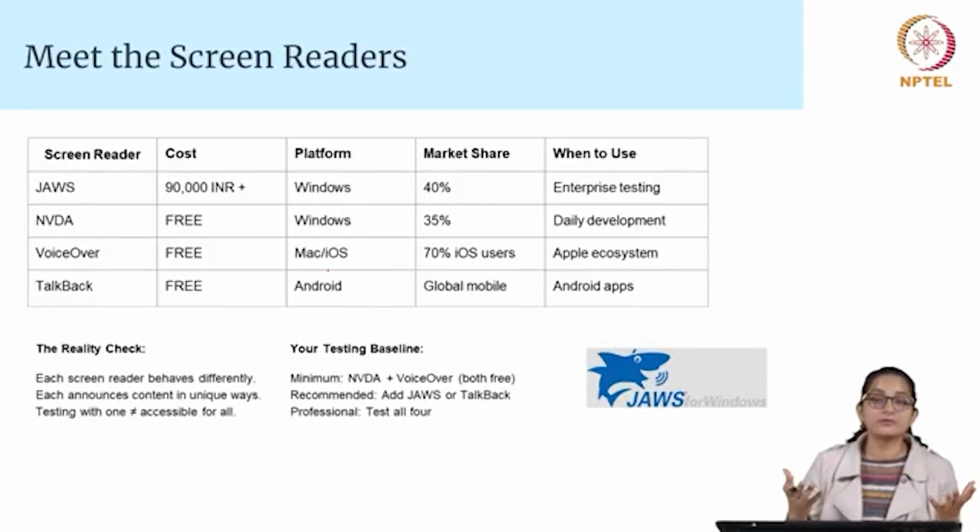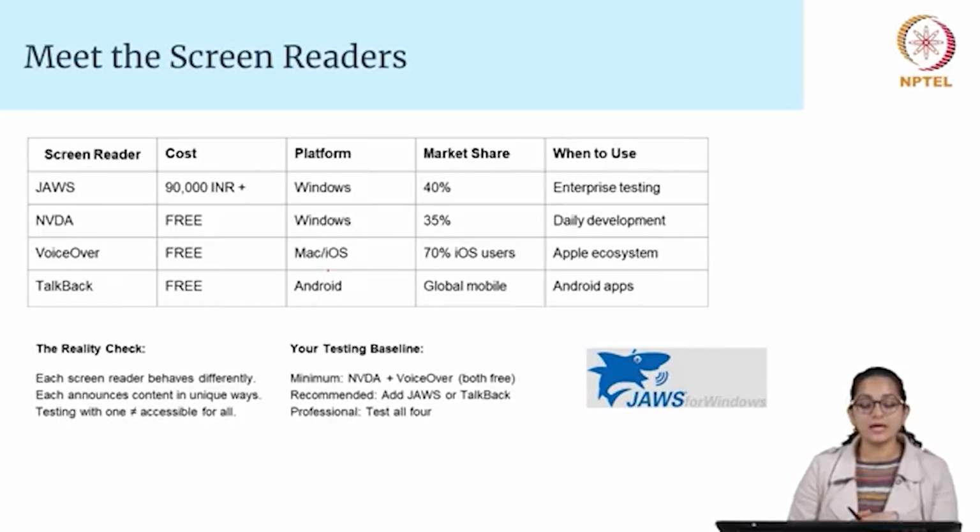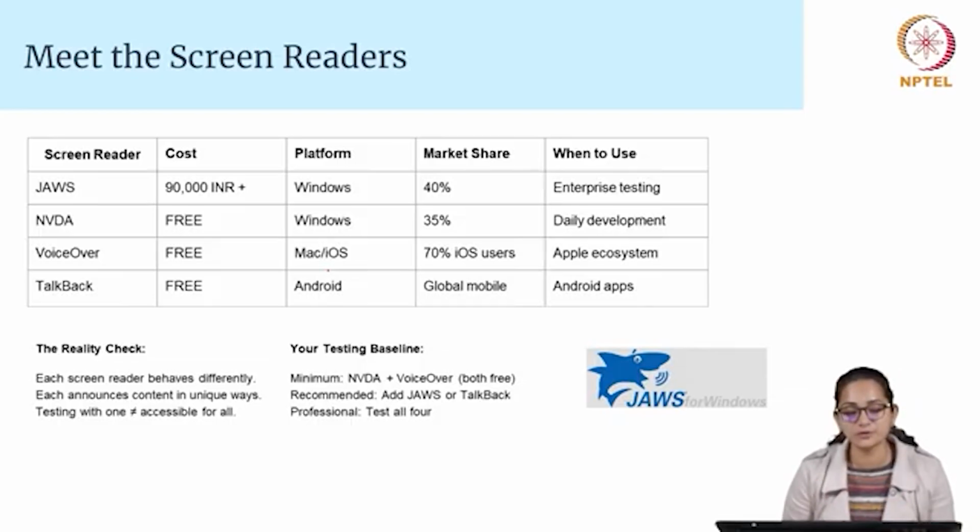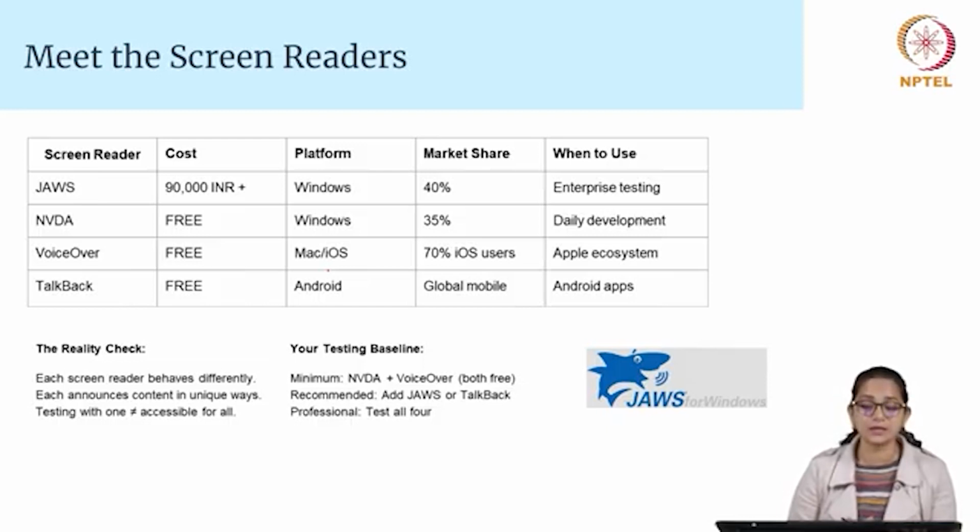We have already spoken about the different companies and products commonly known for screen readers. JAWS is one of the most highly used in enterprise testing in companies and organizations, and it costs somewhere around a lakh for a license, and it is used on the Windows platform.